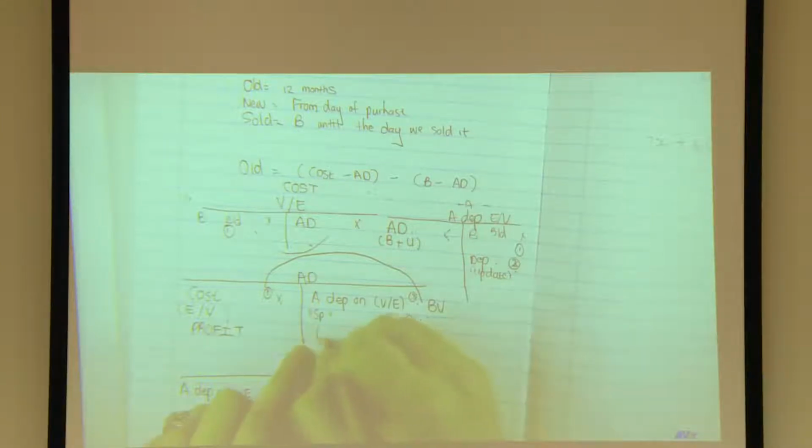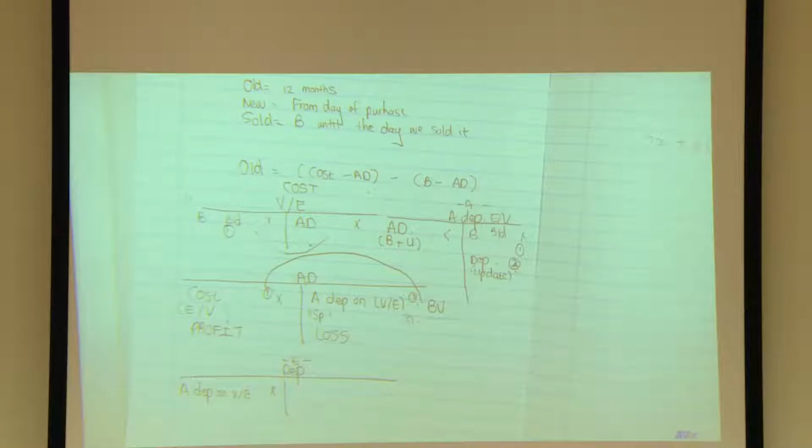If I sold it for less than the book value, step number 1, take out the cost. Where to? Asset disposal. Step number 2, update your depreciation from the beginning of the accounting period until the day that you sell it. Third step, take out the total accumulated depreciation.